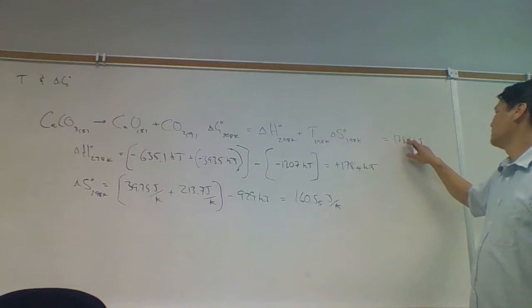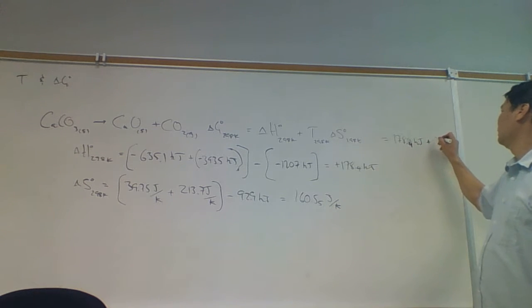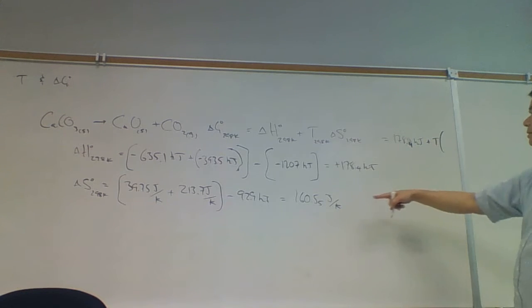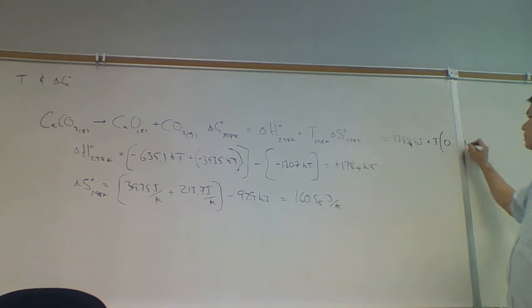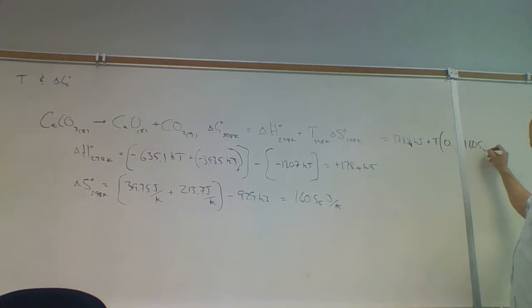We're going to cancel out this term by altering the temperature, and this is going to be 0.16055 kilojoules per Kelvin. Get the units the same. And so we just increase the temperature until we get an entropy that works.